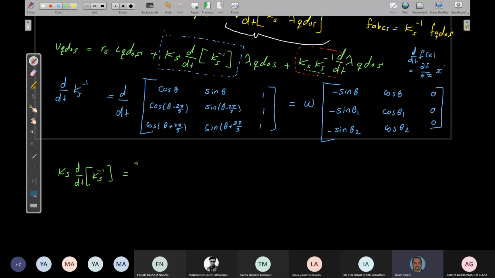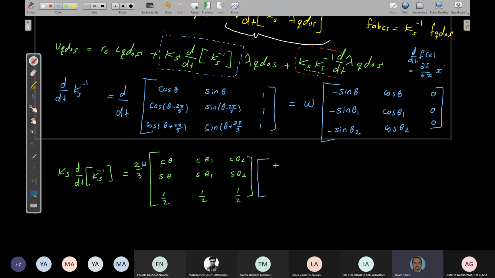Now, if I remember, Ks was equal to 2 over 3, and to make it easier to calculate, here is C theta, C theta 1, C theta 2, S theta, S theta 1, S theta 2, and I'm having 1 over 2, 1 over 2, 1 over 2. Then I will multiply it by this one, so omega will come out.